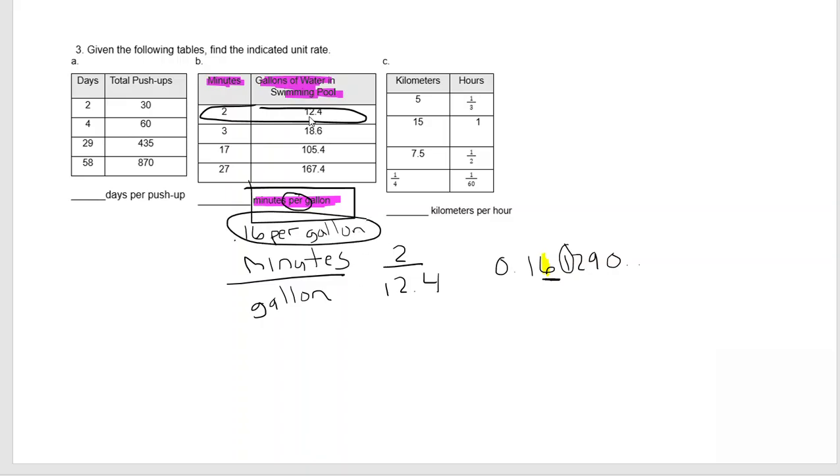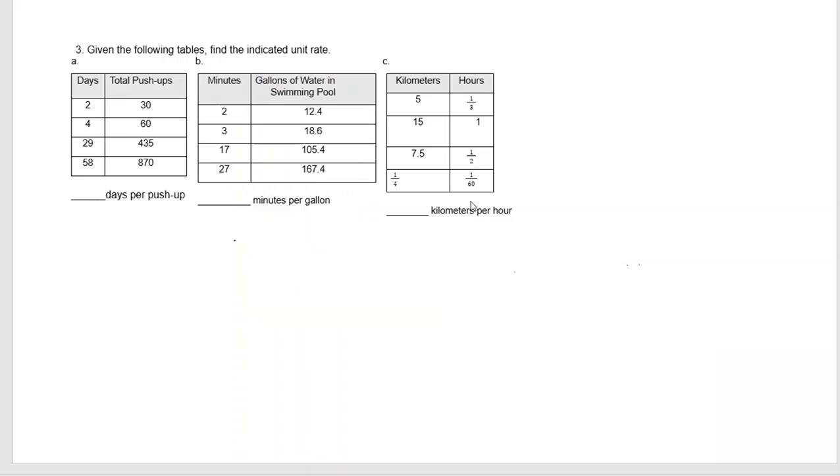Okay? So one more. In the next one, you have a chart, and you are supposed to find kilometers per hour. This is kilometers, this is hours. So if you're doing kilometers per hour, when you set up your rate, it has to be kilometers on top divided by the hours on the bottom. Remember that kilometers per hour tells you how you're going to do your division.